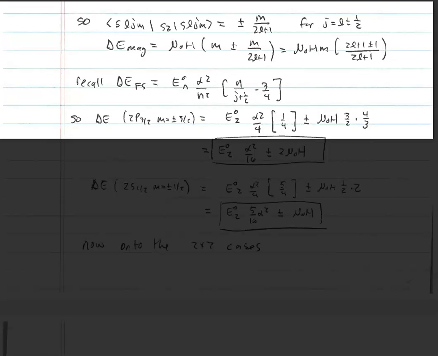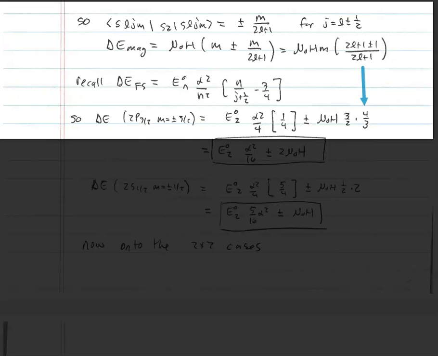And then I have to add in the result that we got. Well, if it's a plus 3 halves, then the m is equal to plus 3 halves. My L, in this case, it's a p state. So the L is equal to 1. So I will get 2 times 1 plus 1. And in this case, we're looking at the case that j is equal to L plus a half.